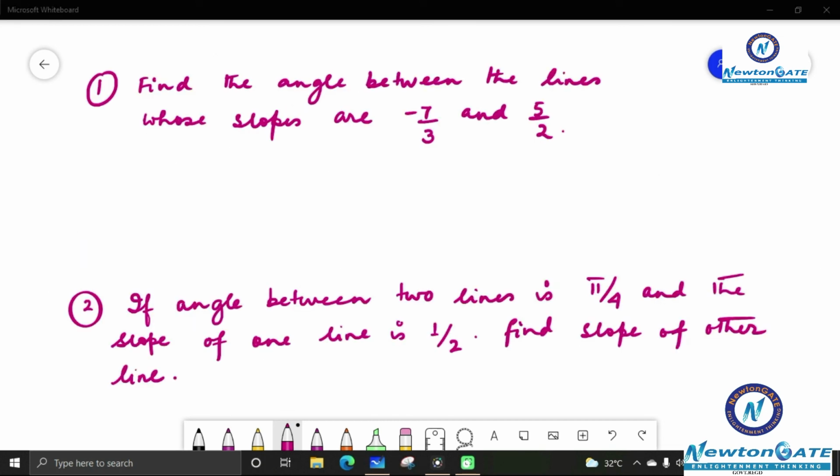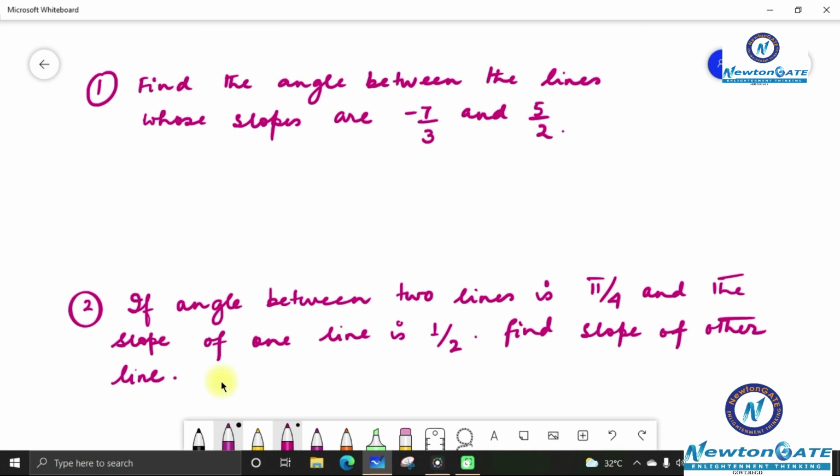So these are the two numericals that we are going to solve right now. Find the angle between the lines whose slopes are minus 7 by 3 and 5 by 2. So both the slopes are given to me. m1 is minus 7 by 3 and m2 I can take as 5 by 2.